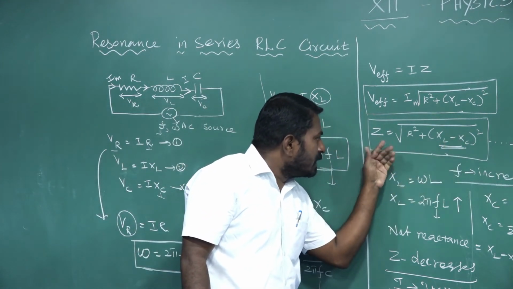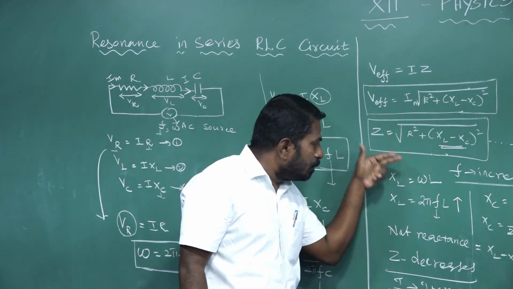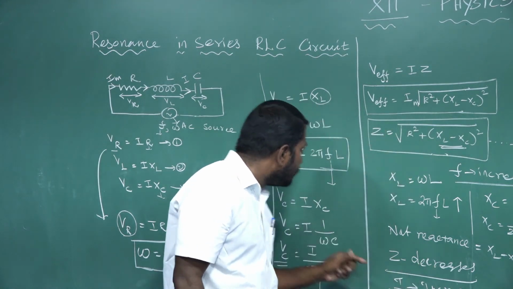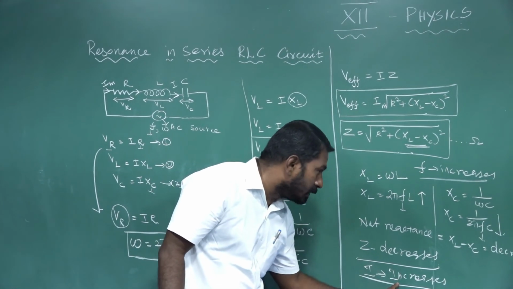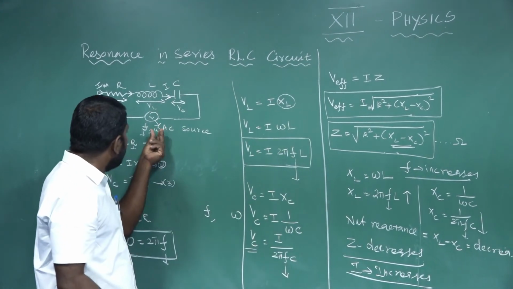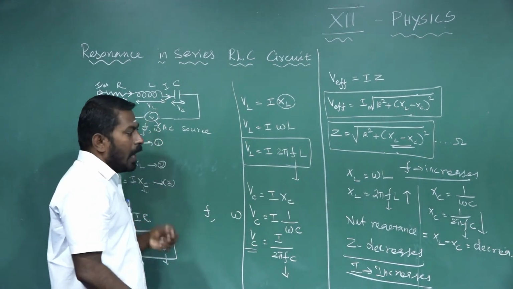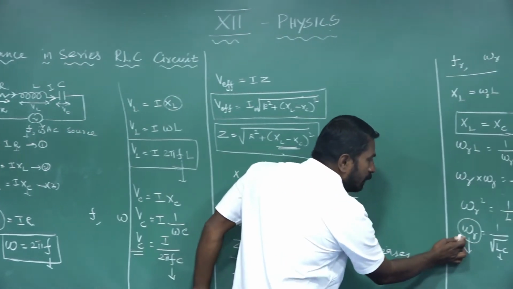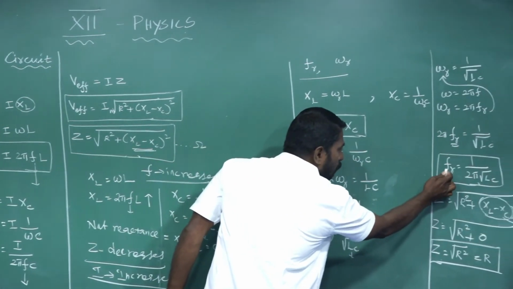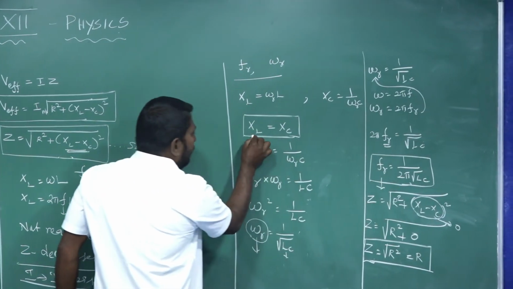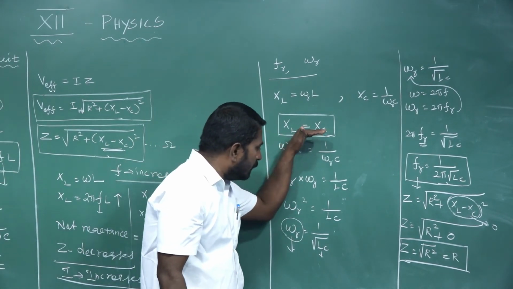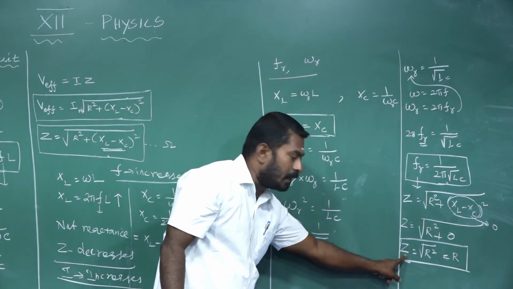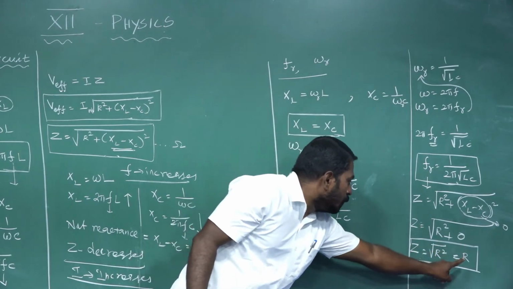When impedance decreases, current through the series RLC circuit increases. We alter the frequency of the AC source until, at one particular angular frequency omega and corresponding frequency fr, inductive reactance is equal to capacitive reactance. In this condition, the impedance of the series RLC circuit Z is equal to R.